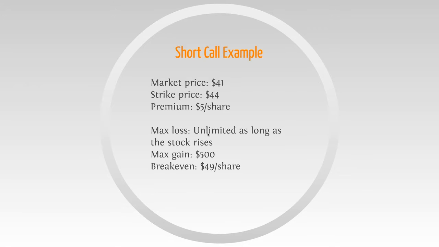Our maximum loss is that solid line going downwards, which is unlimited as long as the stock rises. Our flat line on the left is at $500, and our break-even is the strike price of $44 plus the premium, to arrive at a $49 per share break-even price.